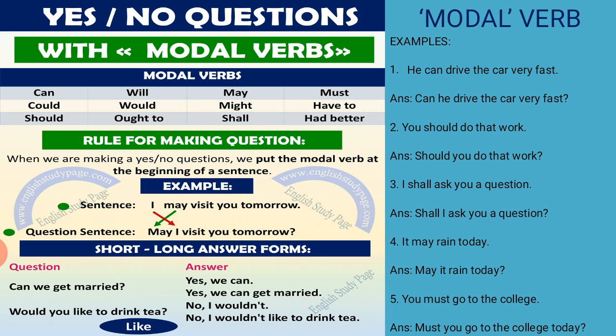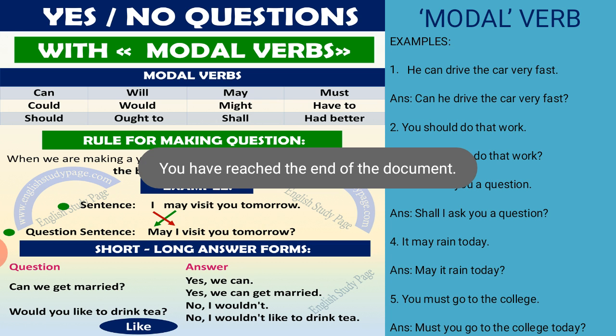Next one is modal auxiliaries. They are can, could, should, will, would, may, might, must, ought to, need, used, dare. Here I have given the examples have to and had better, but you need not concentrate on those, because we are not asked those questions in our exams. You have to concentrate more on these examples I have given you.